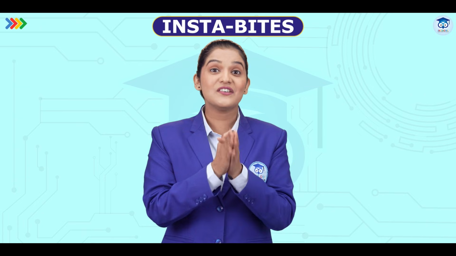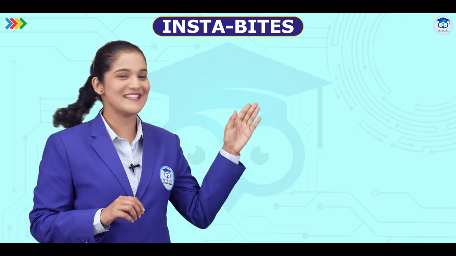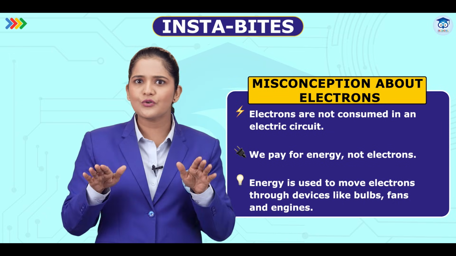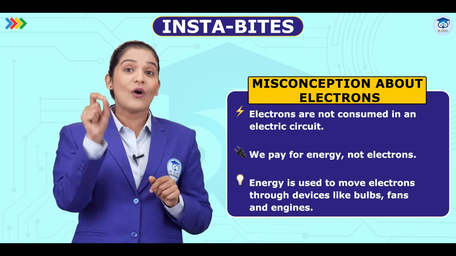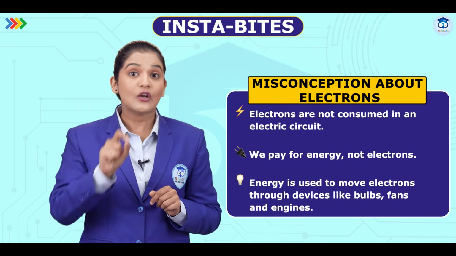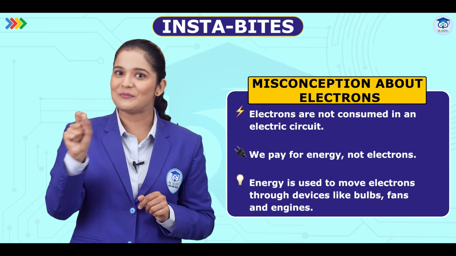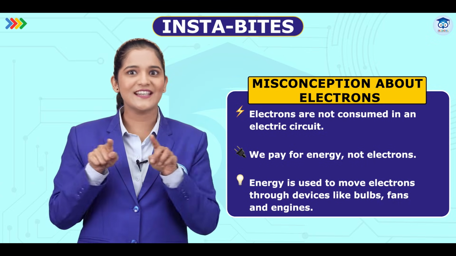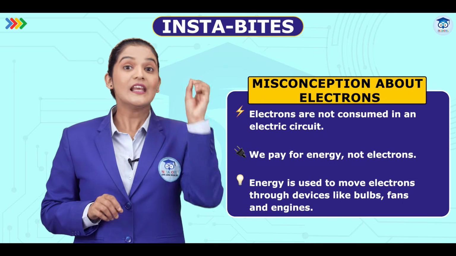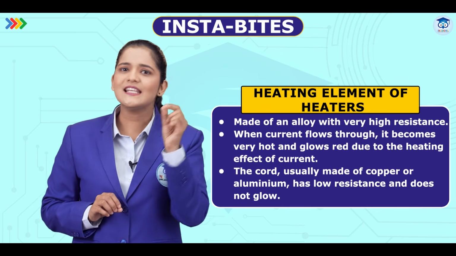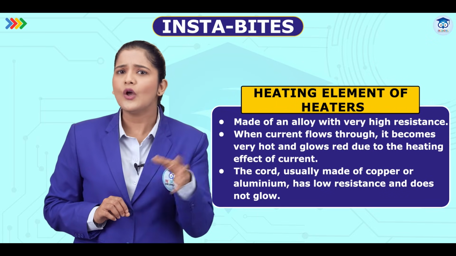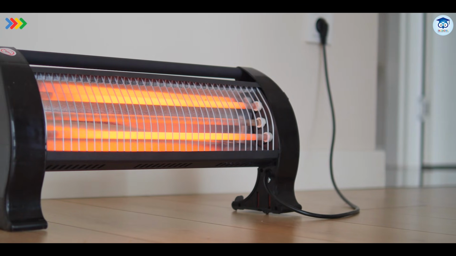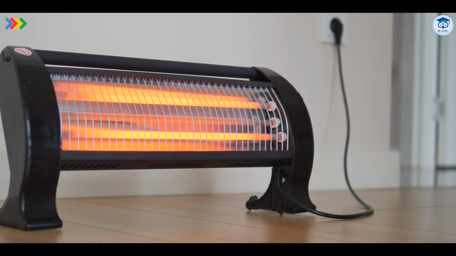Now, let's uncover some interesting facts with our Instabytes. Did you know electrons are not consumed in an electric circuit? What we pay for is the energy required to move these electrons through appliances like bulbs, fans, and engines, not the electrons themselves. In electric heaters, the heating element is made of an alloy with very high resistance, which heats up and glows red due to the heating effect of current.